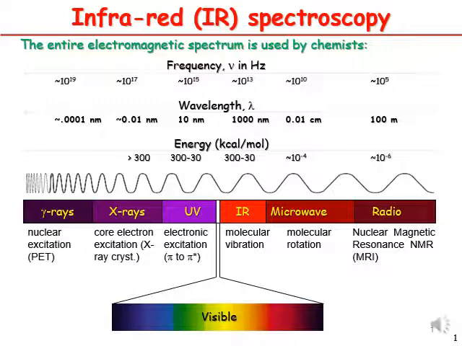In the infrared region, basically we will have what we call molecular vibration. So this is molecular vibration. In the next slide, you're going to learn in detail about the molecular vibration or the rotation of vibration.